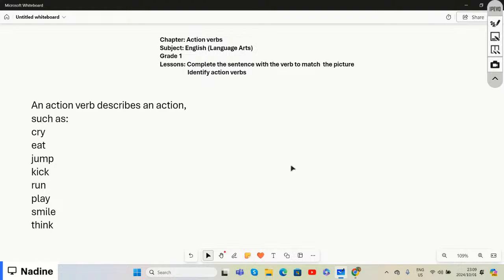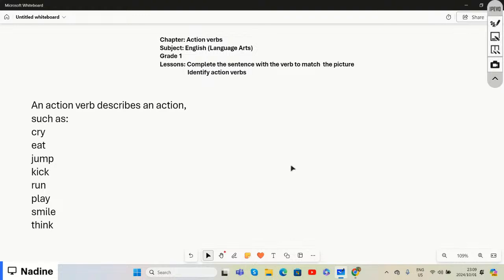Even you doing something, for example, if you are listening to what I'm saying, that is an action verb. Listen, it's something that you're doing. The fact that I am talking, this is an action verb. I talk. If you're sad and you cry, that is an action verb. If whoever is eating or snacking on something, that is an action verb.